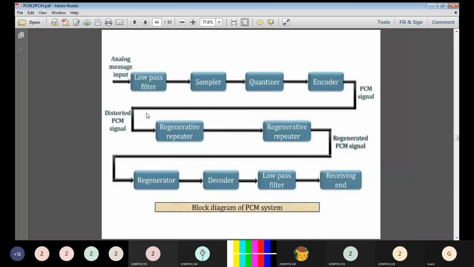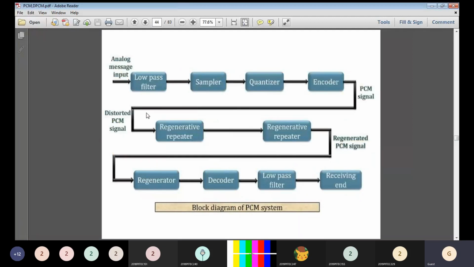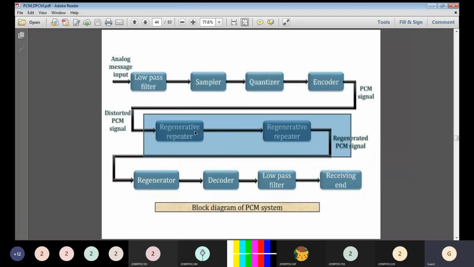Next, this is the simplified structure of PCM. Here we have three important blocks. The transmitter includes low pass filter, sampler, quantizer, encoder. Then the transmission path includes the regenerative repeater.